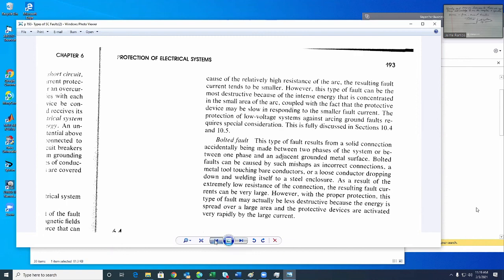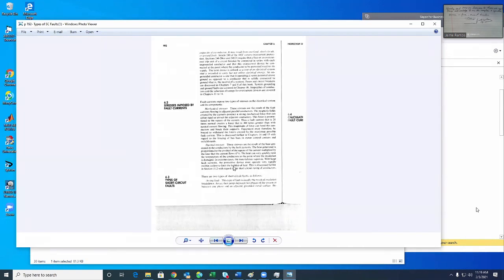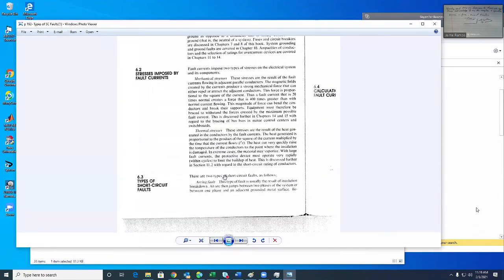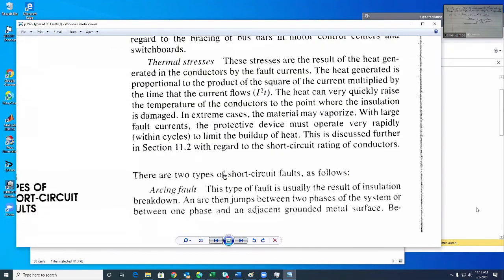Now the other fault, let me go back, is right here: the arcing fault. As a result of insulation breakdown, there is an arc between the two conductors, the phase and the ground.